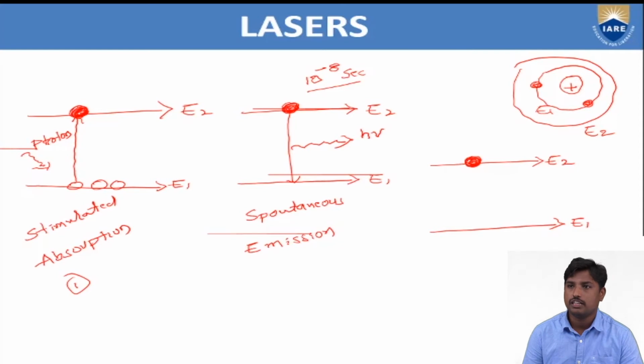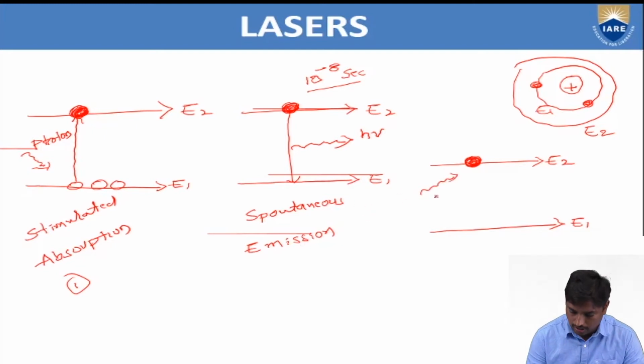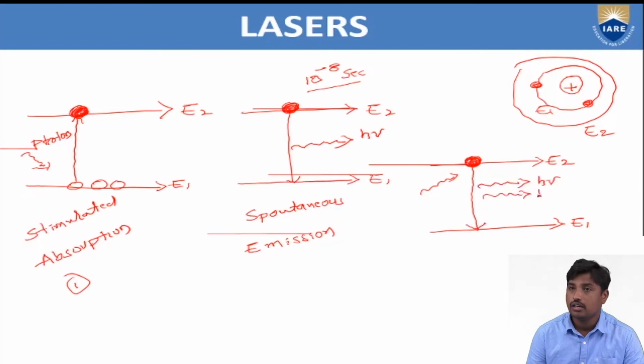Before completion of the lifetime, if photon energy is given to the electron, the electron absorbs some energy and de-excites to the ground state energy level. In this process, two photons are released. These two photons are coherent. This is called stimulated emission.